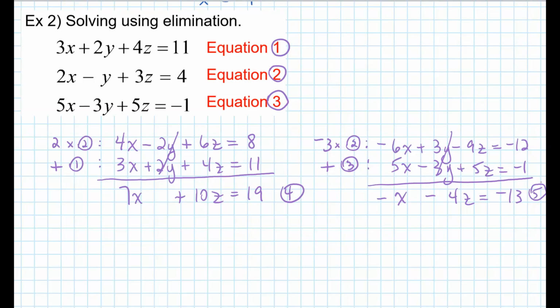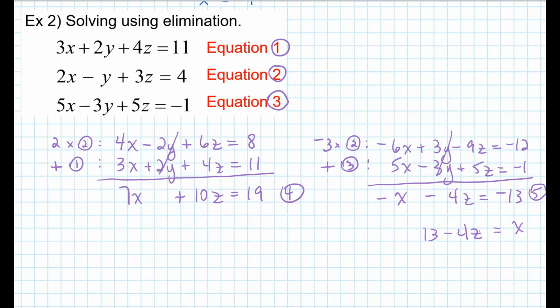What do you want to isolate? I'm going to isolate x, not negative x. So I'm going to move my x to this side here. X is equal to 13 minus 4z.